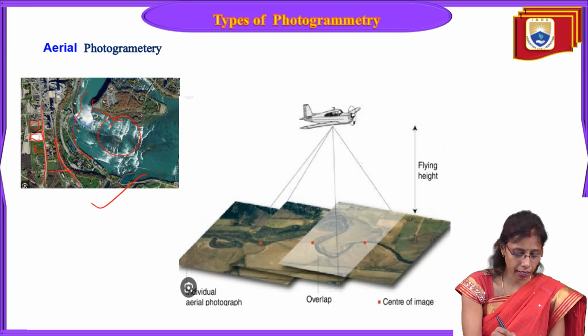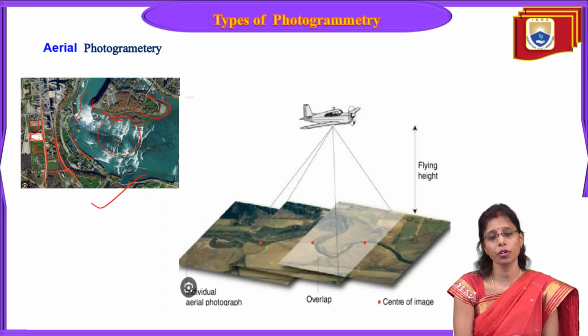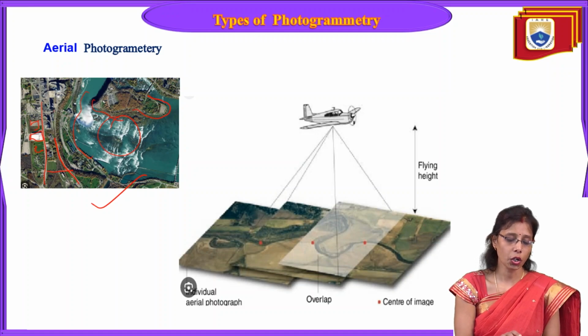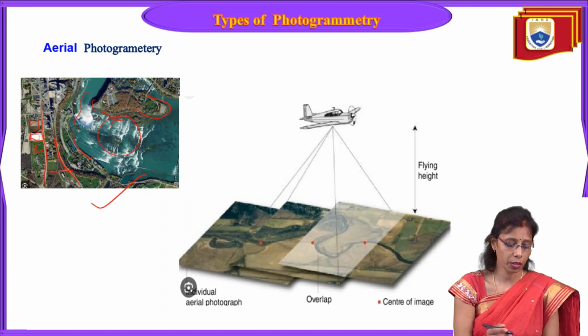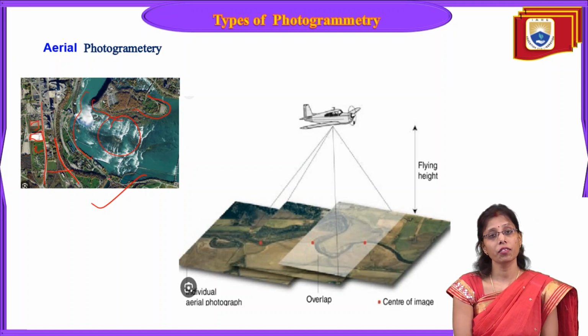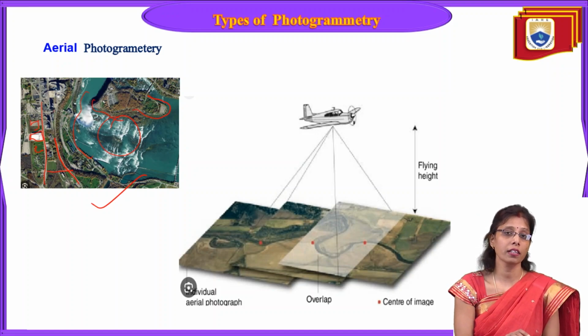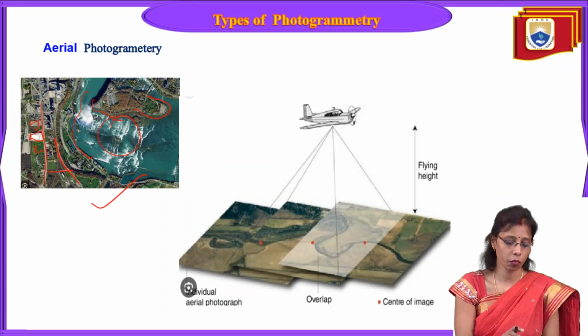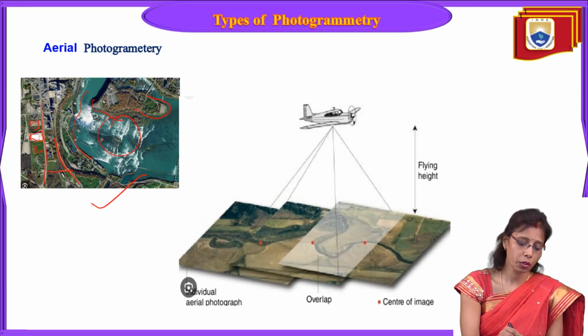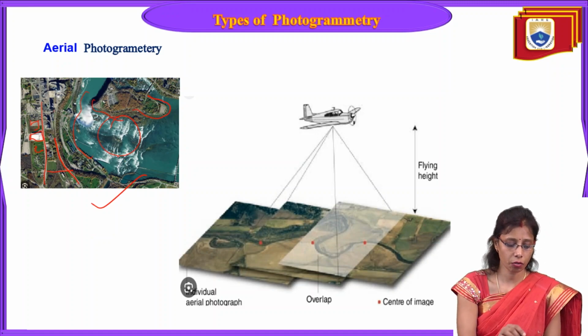As this image is very clear, we can say this is aerial photogrammetry, taken from a relatively short distance, say 3, 7, or 10 kilometers. That is why the clarity remains. If the distance is more than 10 kilometers, the resolution of the image will be somewhat less, and we will be unable to differentiate the features of the ground surface.